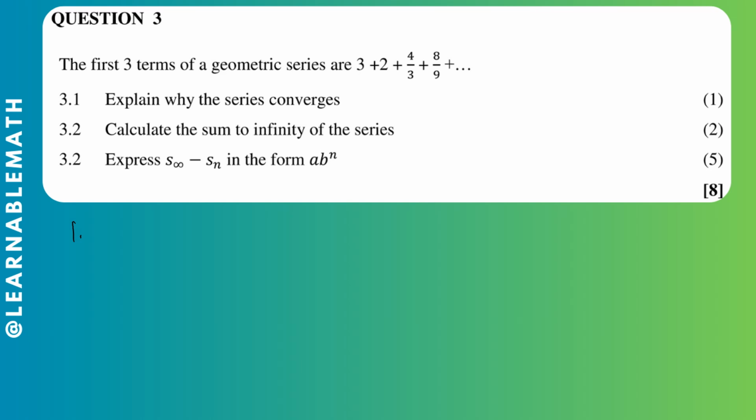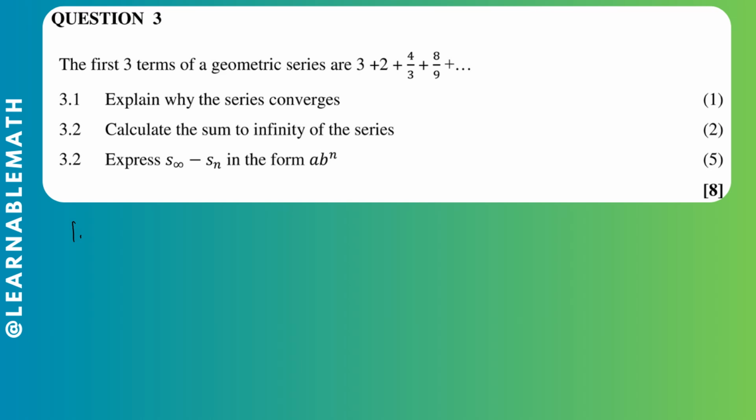If you check this series, you can see that from this term to here, they are decreasing, becoming smaller and smaller. They are approaching zero. So that could be our reason why this series is converging: as the series progresses, the terms are decreasing and approaching zero.